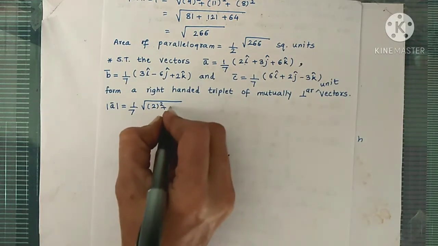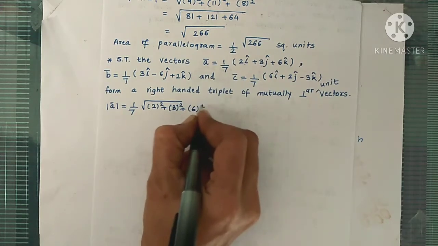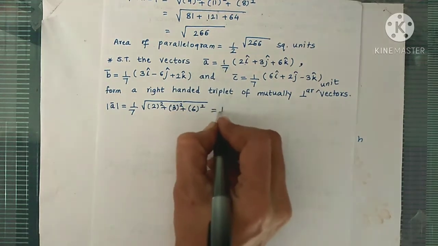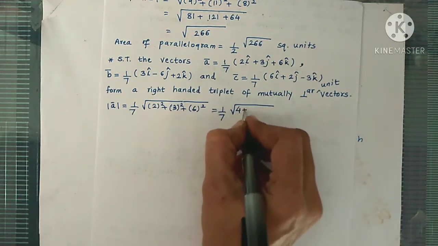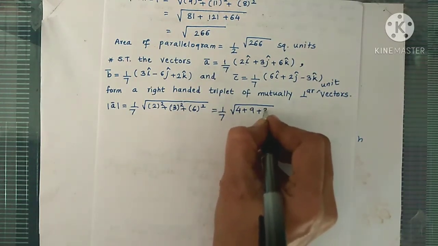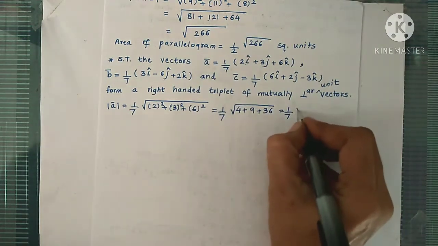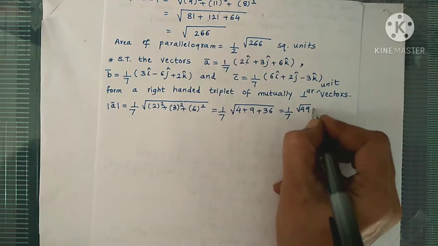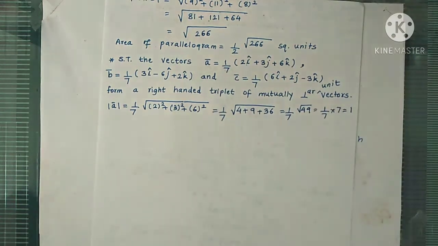So 2 square plus 3 square plus 6 square. So that becomes 1 by 7 root 4 plus 9 plus 36, so 1 by 7 square root of 49. So 1 by 7 into 7. So that is 1. So modulus of a bar is 1.